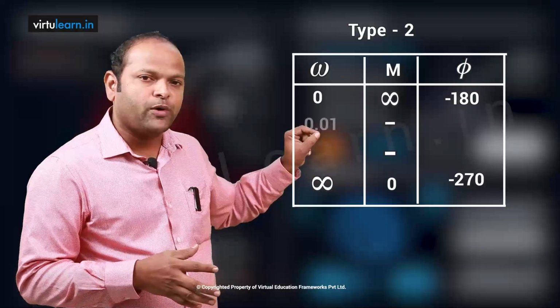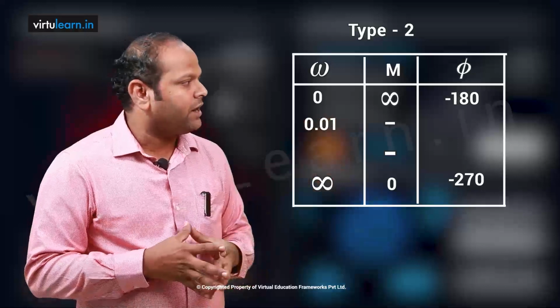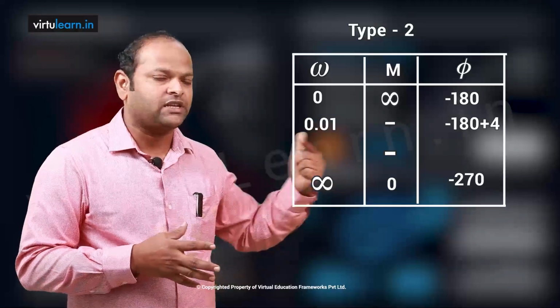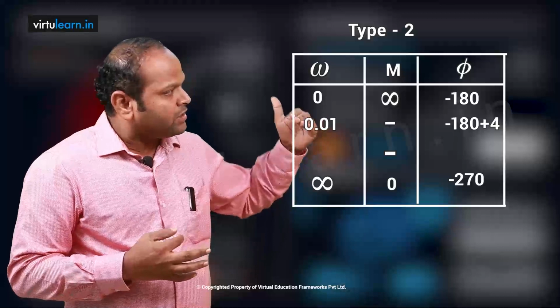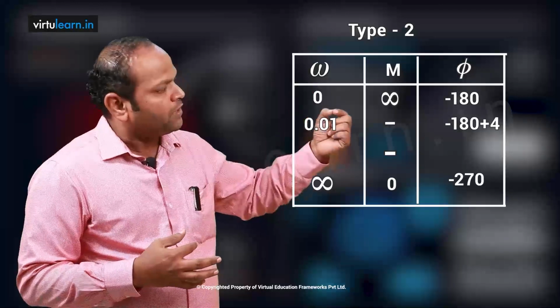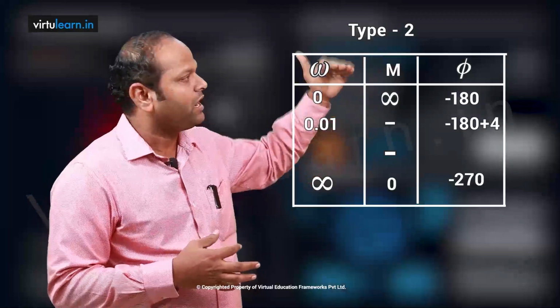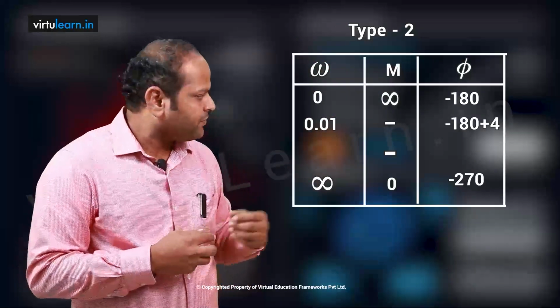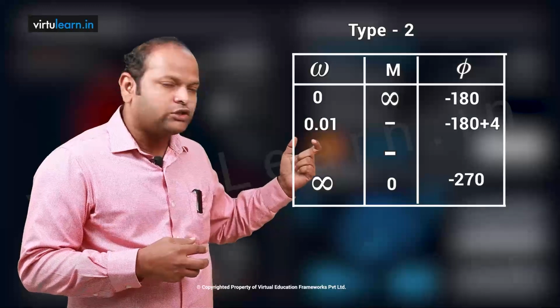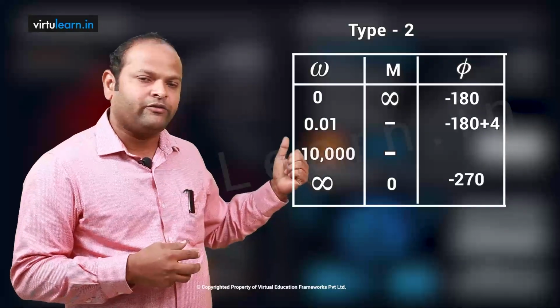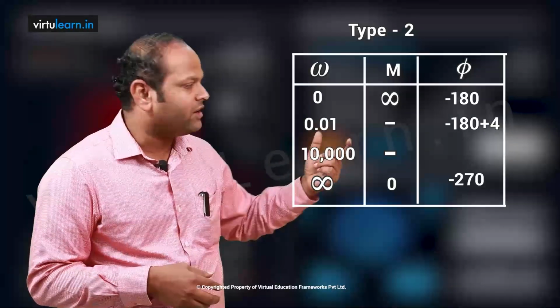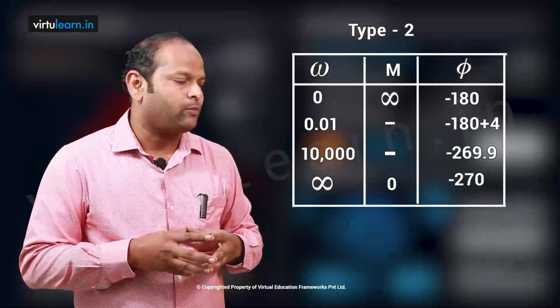When omega is 0.01, it is giving us minus 180 plus something, minus 180 plus 4, which means the particular point lies in the second quadrant, above the minus 180 degrees line. Similarly, when you take a large value nearer to infinity, let us say 10,000, it gives minus 269.9.